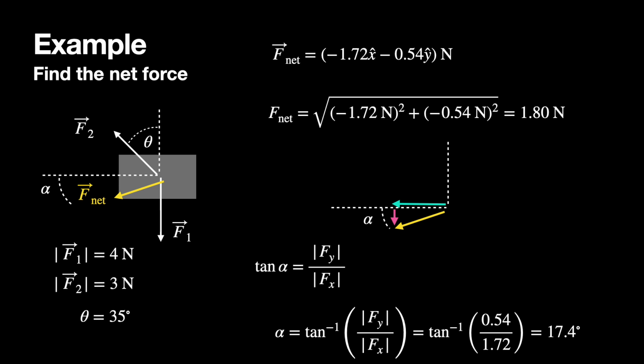You have to be careful with tangent, because if you have a negative y and a negative x, those negatives cancel and you would think it's in the first quadrant. So just be careful about that. In this case, I get 17.4 degrees, but I drew the angle from below the y-axis, so you have to describe that. If you want to get it from the positive x-axis, you just add 180 to that.